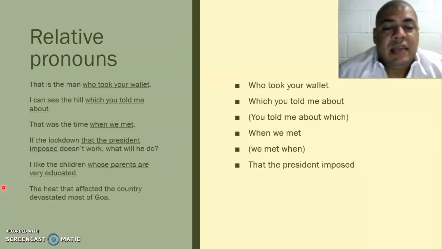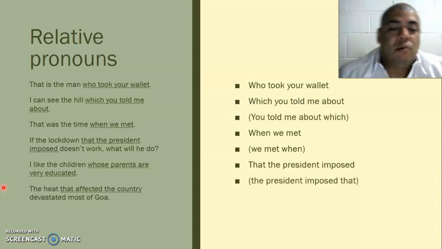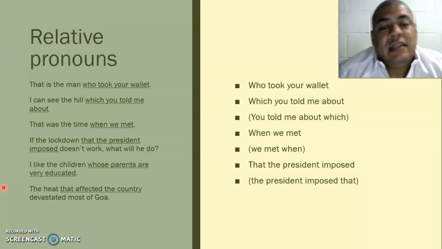See? The word that is substituting what? The lockdown. The president imposed the lockdown. So if I moved the lockdown at the end of the sentence, I am going to also move the word that to the end. The president imposed that.